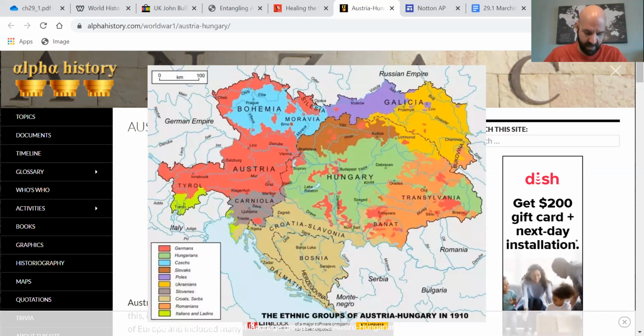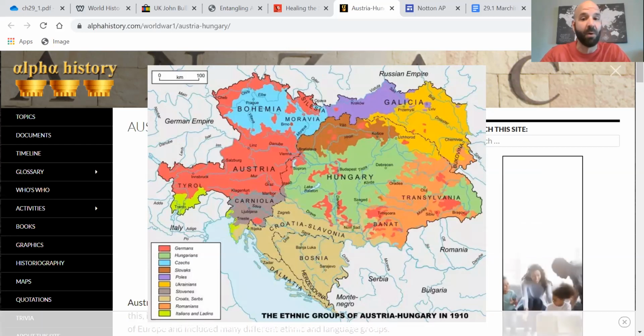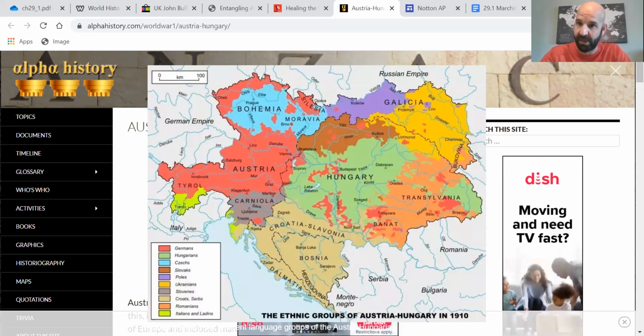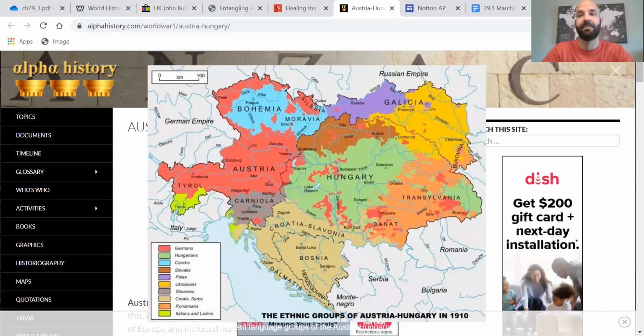So that is going to create great tension in the Balkans. The Serbs are going to want to control more land and take land away from the Austro-Hungarian Empire. The Austro-Hungarian Empire obviously is going to be opposed to that. And the Serbs have a powerful ally in Russia who share the feelings of Slavic nationalism.